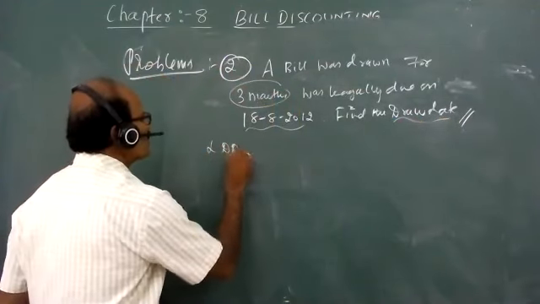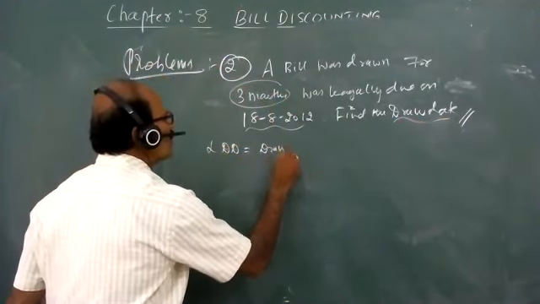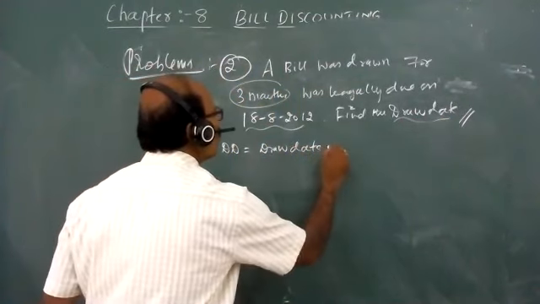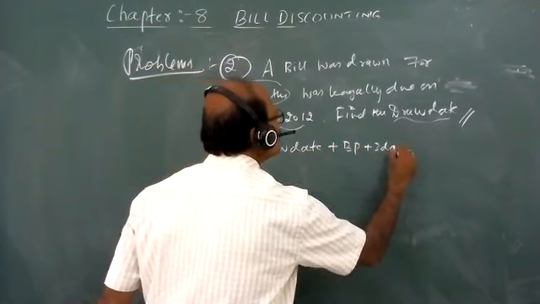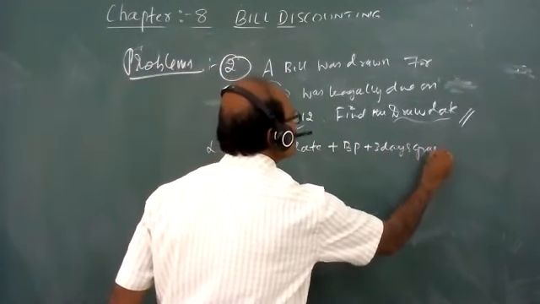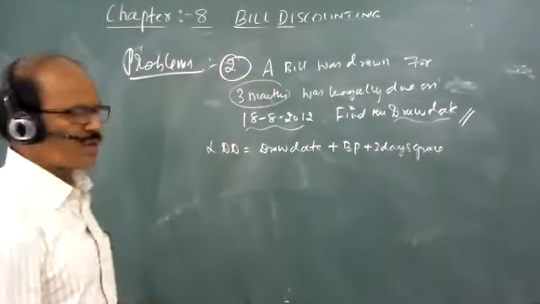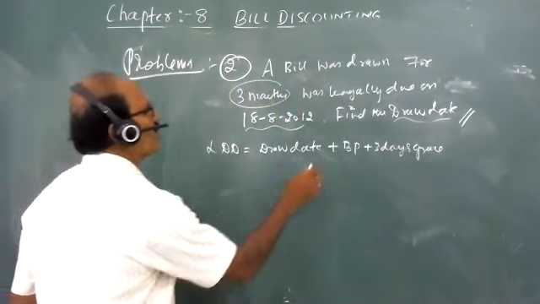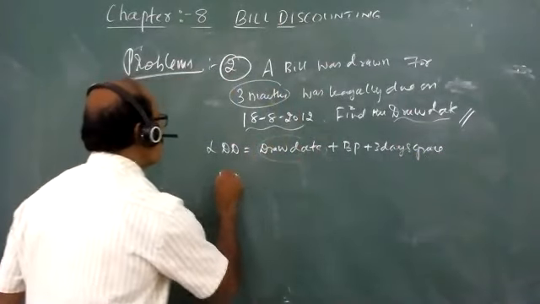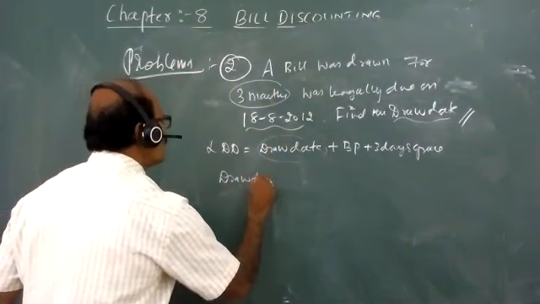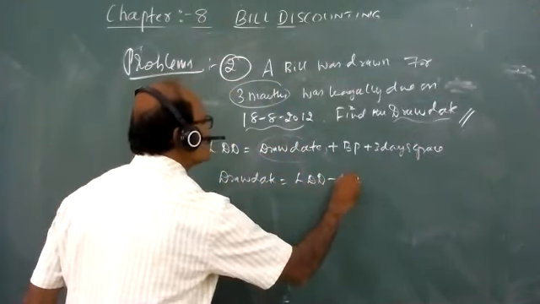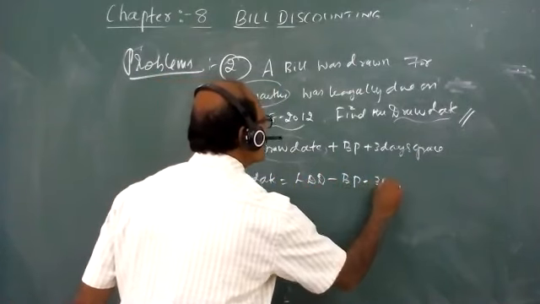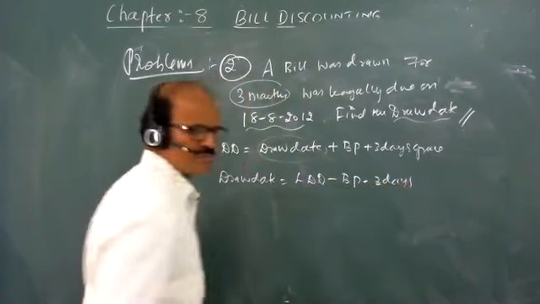Legal due date is equal to draw date plus bill period plus 3 days grace. The formula is already known. Now I want to calculate the draw date. The draw date is equal to due date minus bill period minus 3 days grace.